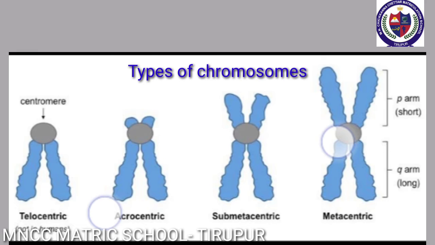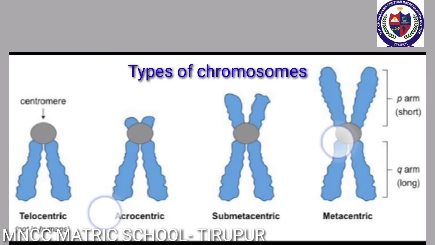Telocentric: the centromere is found on the proximal end. They are rod-shaped chromosomes. Acrocentric: the centromere is found at one end with a short arm and a long arm. They are also rod-shaped chromosomes.